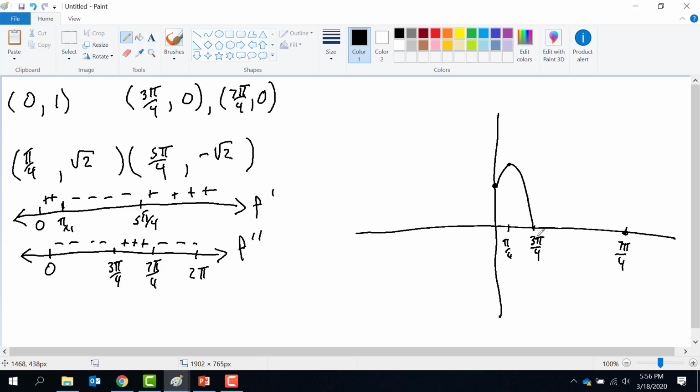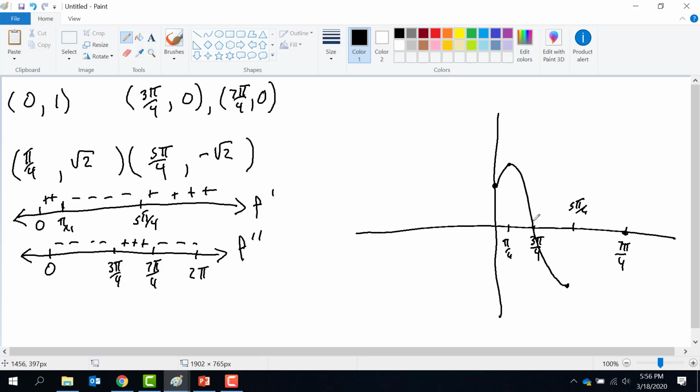At 5 pi over 4, we're at negative the square root of 2. And we are decreasing and concave up. So we should connect this with the decreasing concave up curve.